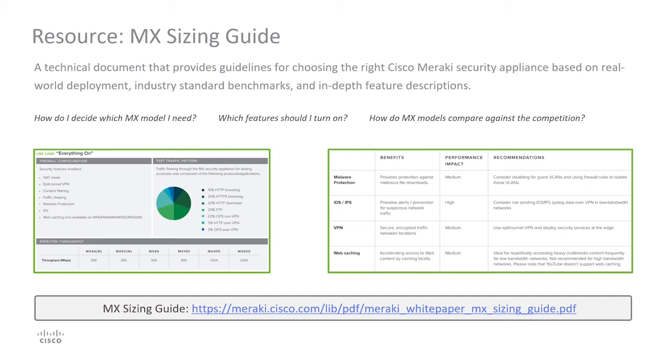We discussed the MX features and their benefits, including the cloud-brokered site-to-site VPN, malware protection, software-defined WAN, and the features that ensure high availability and reliability. We talked about the sizing guide resource that can help you to choose the correct size of MX to address your requirements as well as your customers' requirements. In the next lesson, we will learn about the Meraki switch platform.